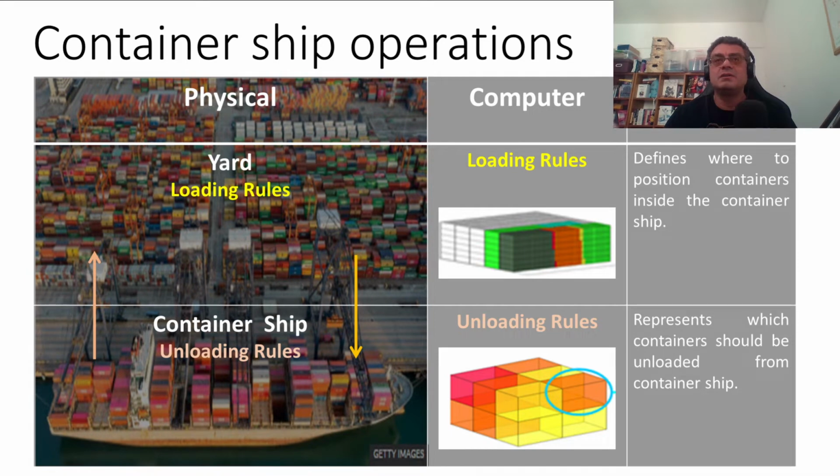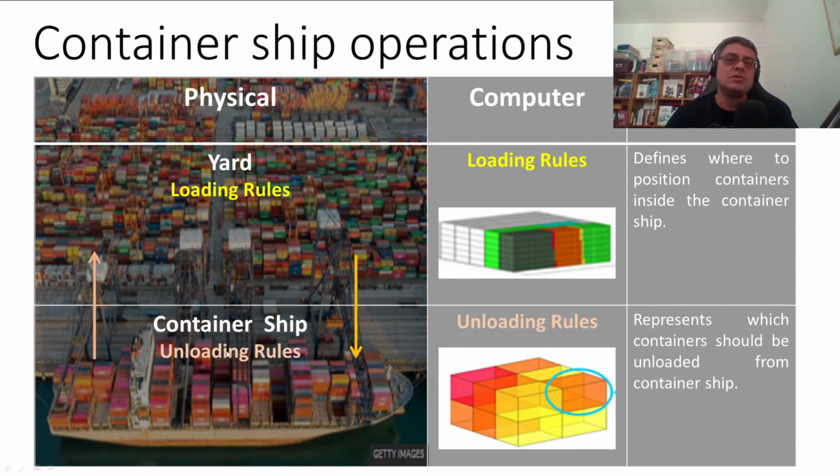They emerge when the container ship has to interact with the yard, with the port. You have to put some cargo from the yard onto the container ship, so you can use loading rules. Loading rules just define how we're going to occupy the container ship space.